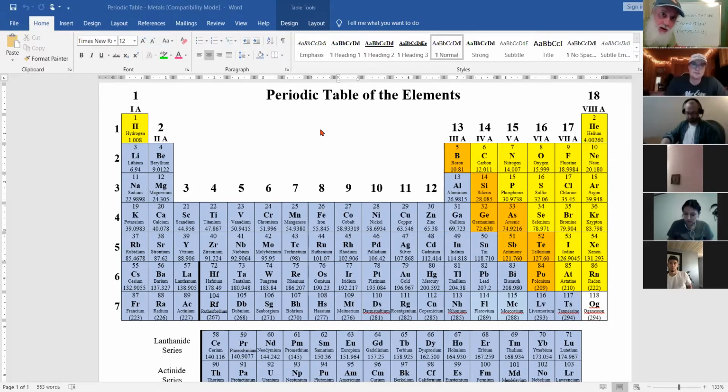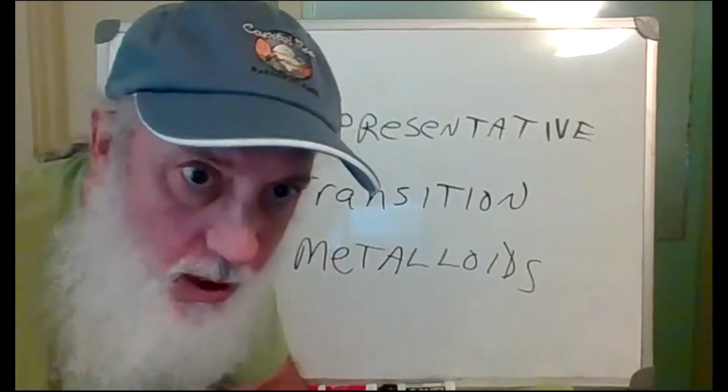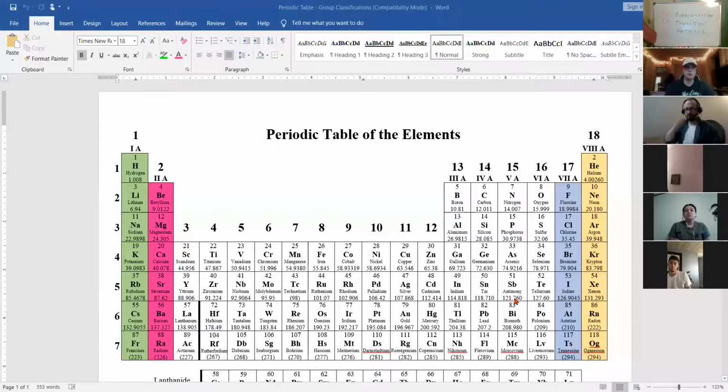I'm going to stop sharing and bring up this other way. Now this is an important one also. Notice I have 4 of the groups colored. But before we talk about this, let's talk about these Roman numerals.